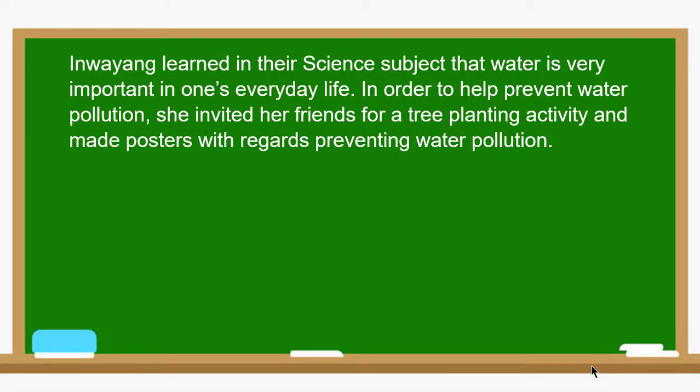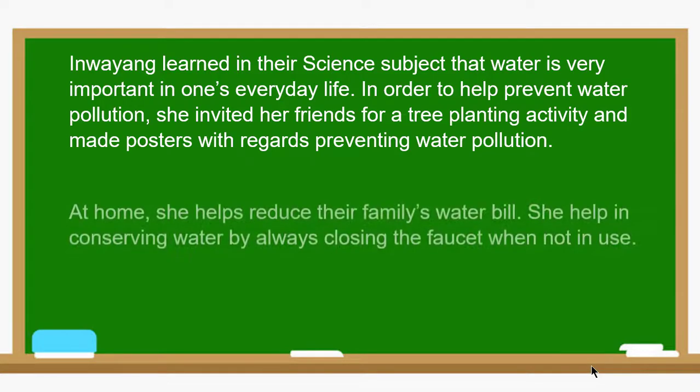Irene learned in her science subject that water is very important in one's everyday life. In order to help prevent water pollution, she invited her friends for a tree planting activity and made posters regarding preventing water pollution.